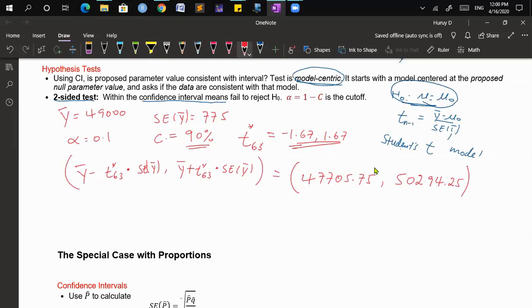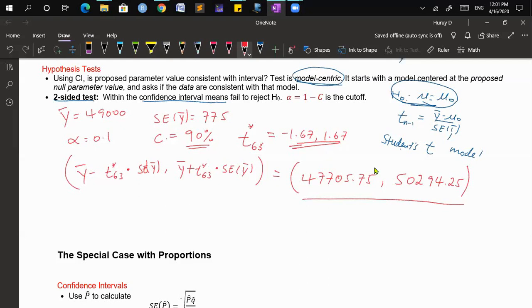So we have this. What do you think about this? This is our confidence interval now, with 90% confidence level.